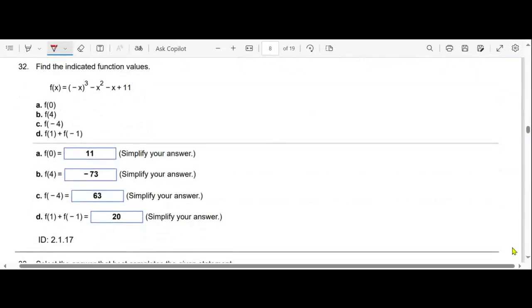Good. Next one. Who can tell me what is okay? Here, how much is X? 0. So if you put 0 here, what's the answer? 11. Good. If you put 4 here, what's the answer?